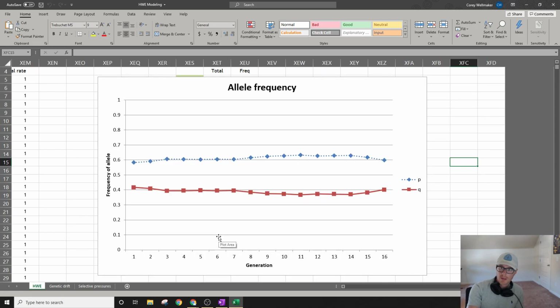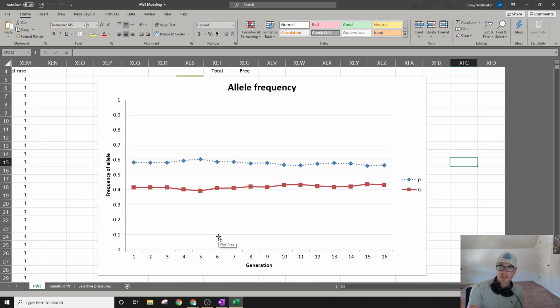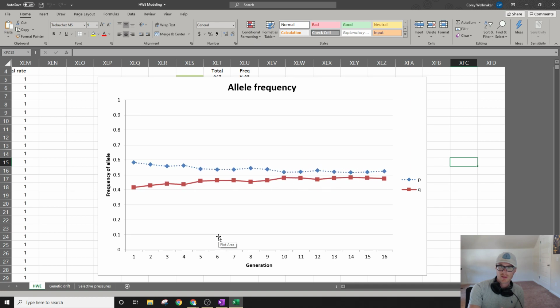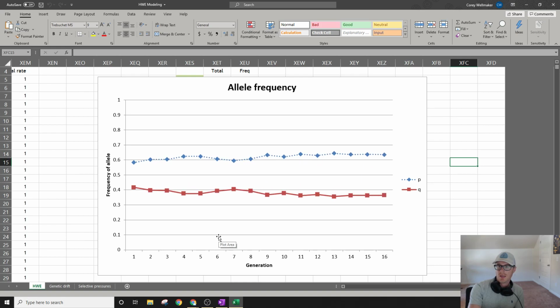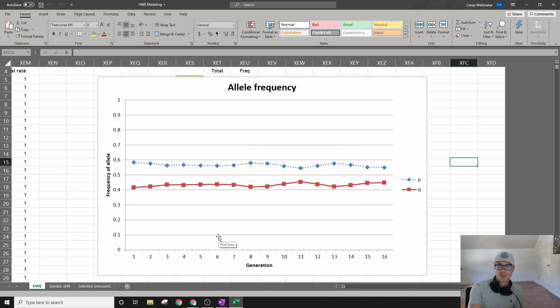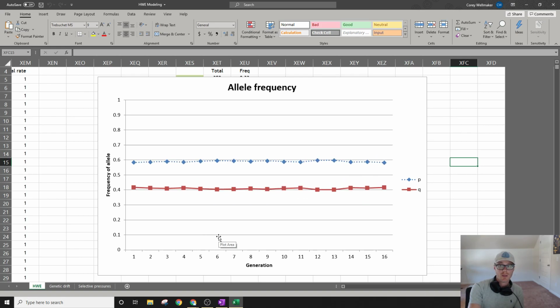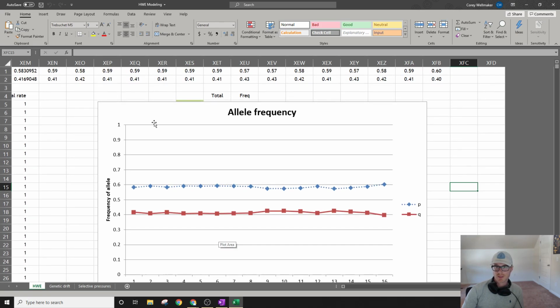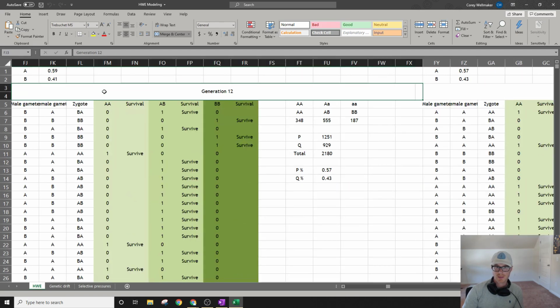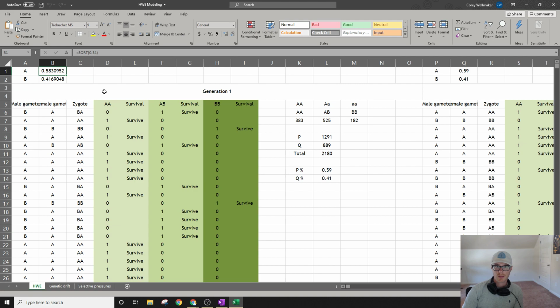All right, so here is a population where I think the population size is like 4,000. And I put the population in Hardy-Weinberg equilibrium, so you can see over time P and Q, it looks like it starts at around 0.6 and 0.4. Let me set the initial P and Q conditions. Let's just make it 0.6 and 0.4.